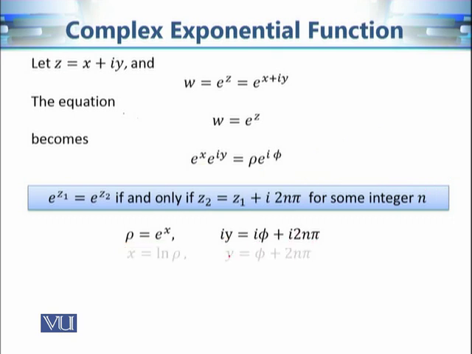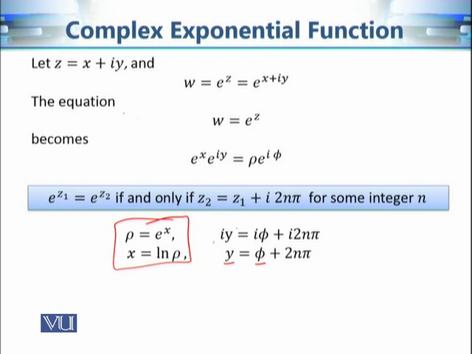We can just cancel out this iota, and this becomes x is equal to log of rho, and of course this whole situation is real. This is the real exponential function, this is the real natural logarithm, and y is also real, phi is real, 2n pi is real.